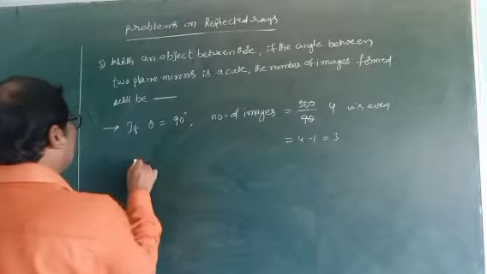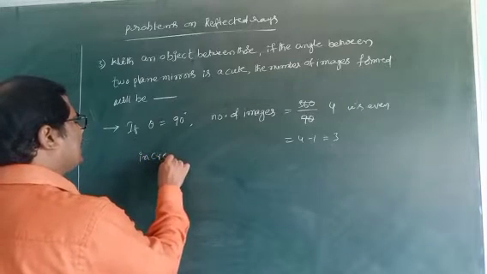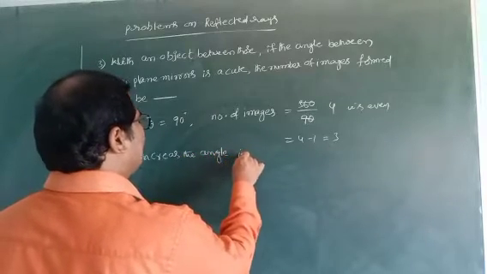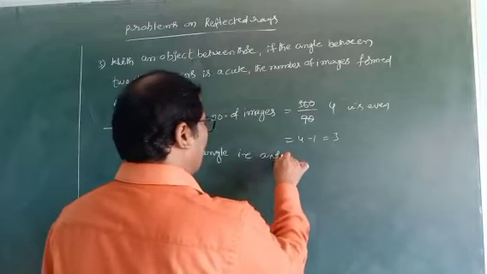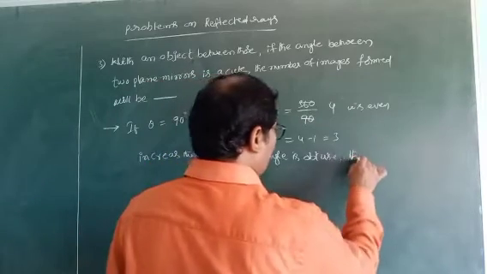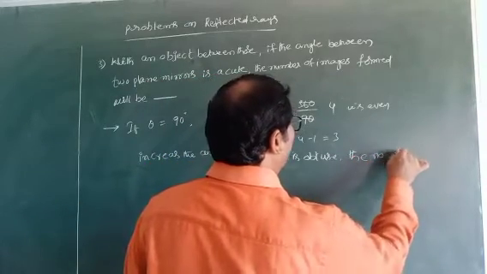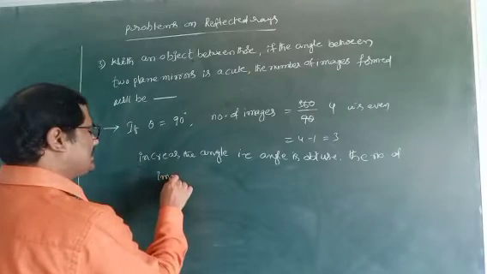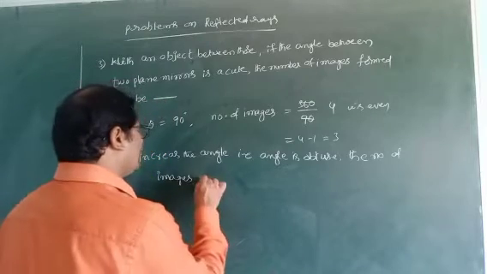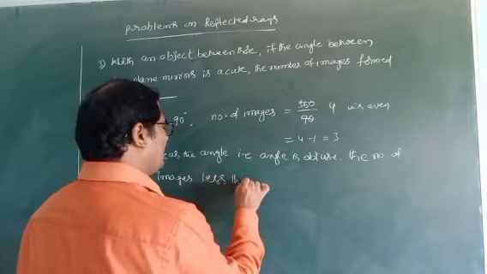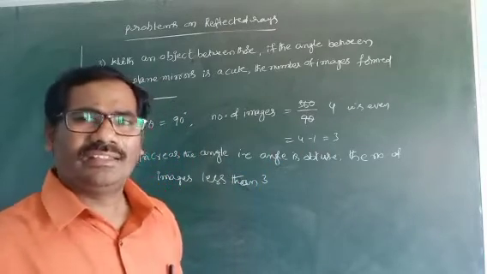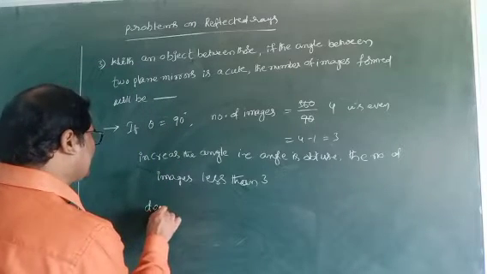Increase the angle, that means the angle is obtuse, and the number of images is less than 3.